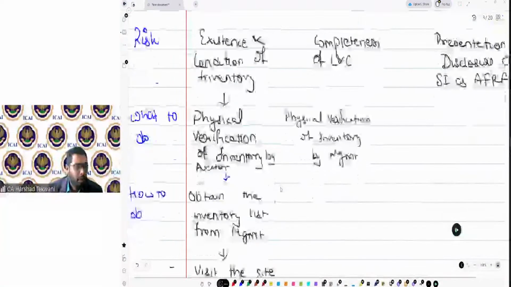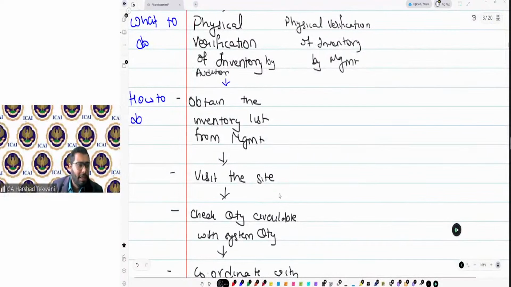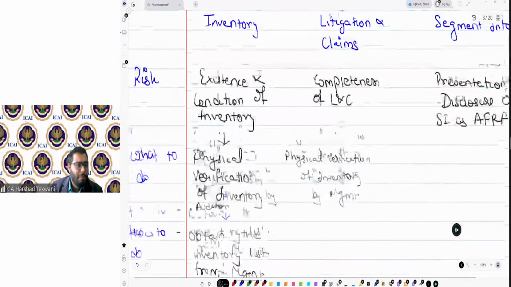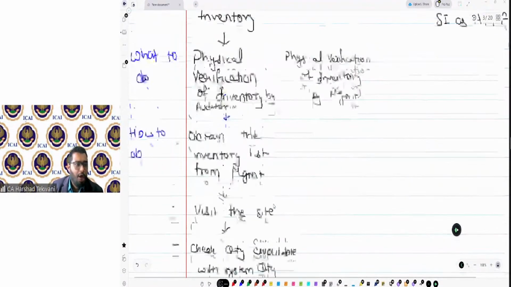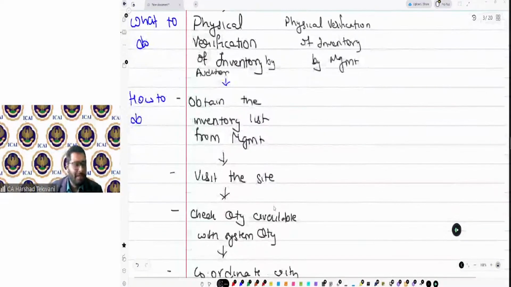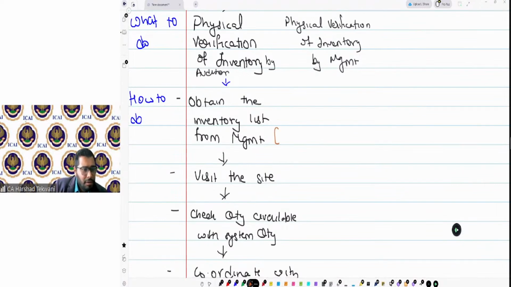Now we were talking about obtaining the inventory list from the management and performing physical verification of the inventory by the auditor. Now let's say you perform this physical verification. Management gave you the date and everything. The date is 28/2/2023 and you are looking at financial year FY 22-23.